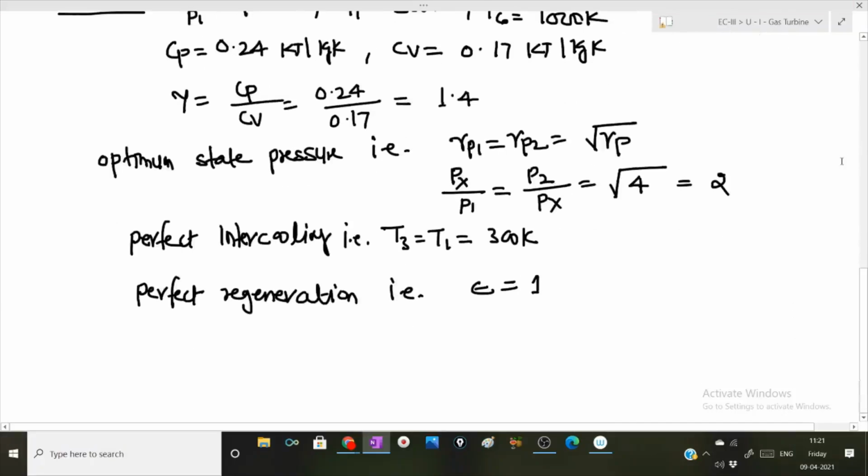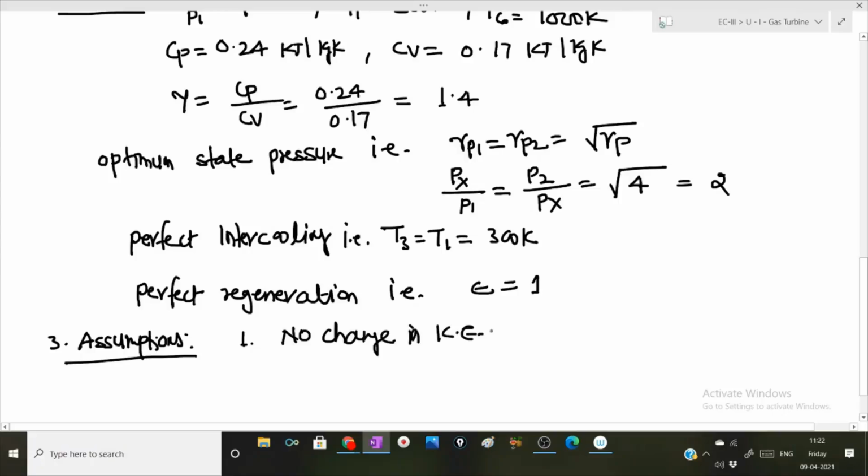Okay, now let us enlist some of the assumptions. The very first assumption involved is no change in kinetic energy and potential energy of the working fluid.